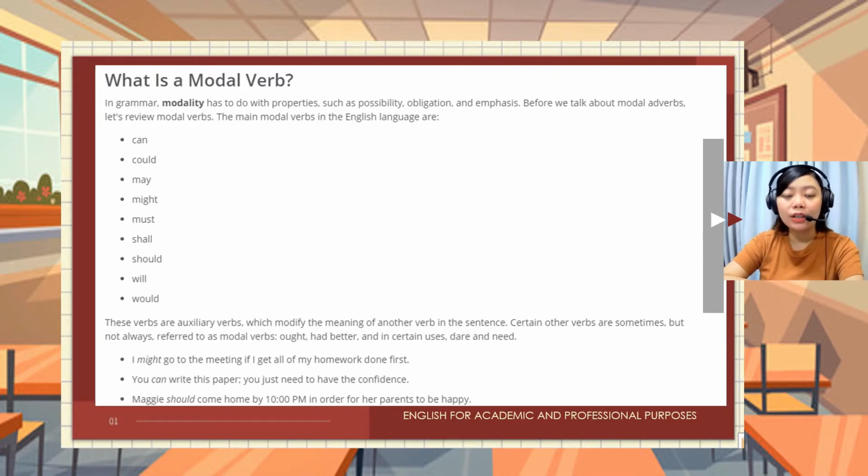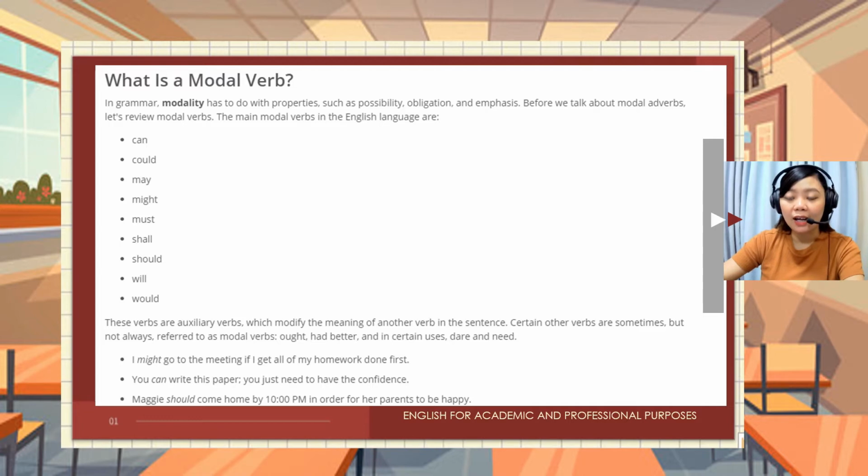These verbs are auxiliary verbs which modify the meaning of another verb in the sentence. Certain other verbs are sometimes but not always referred to as modal verbs, such as ought, had better, and in certain uses, dare and need. So again, when we use modal adverbs, there should be the presence of these modal verbs within the sentence.